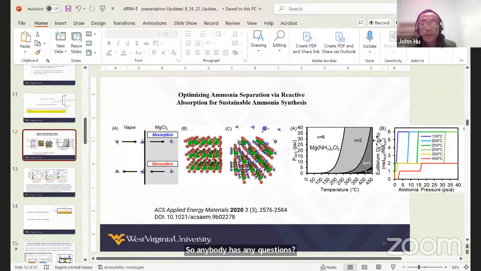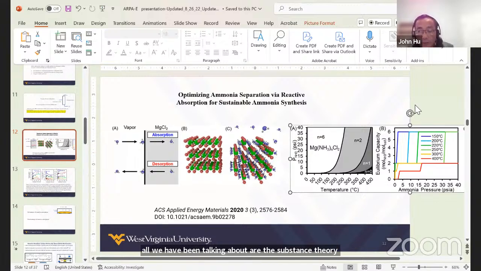So if you look at the data, all we have been talking about adsorption theory works in here. I want you to take a look at, if you see my cursor on the far right hand side, this is their adsorption data. It's so-called equilibrium capacity.